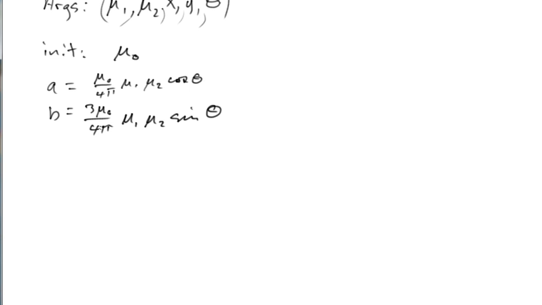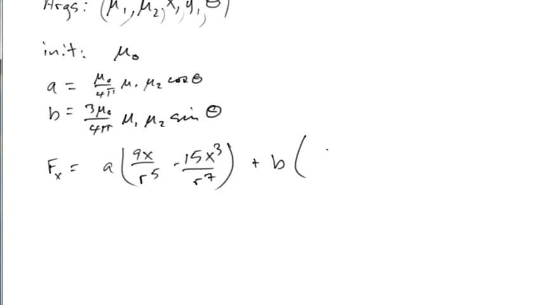So I said fx is equal to A times 9x over r to the 5th minus 15 x cubed over r to the 7th, and then plus B times y over r to the 5th minus 5x squared y over r to the 7th.